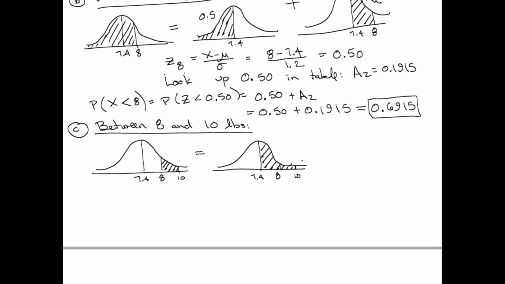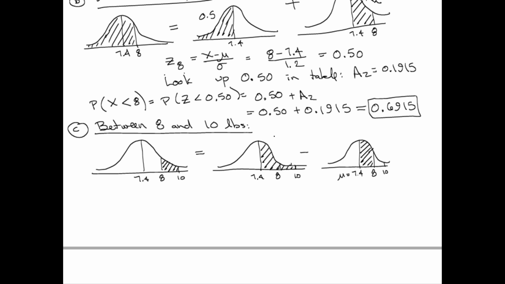So that gives me this area, and then I can subtract the area from 7.4 to 8, and then that should give me the shaded area that I want. Does that make sense looking at the pictures? If we take the area from 7.4 to 10, we subtract off the part from 7.4 to 8, that will give us the area that we want.